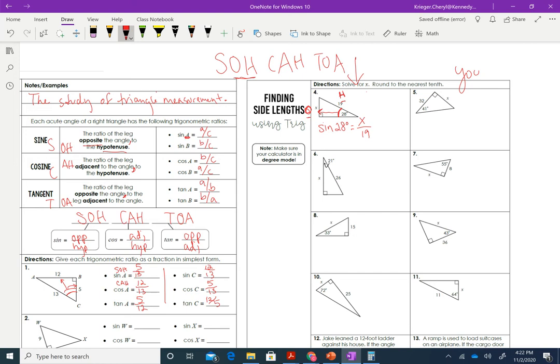To solve for x, we treat it like an algebra problem, meaning we eliminate the 19 by multiplying by 19. So x equals 19 times sine of 28.